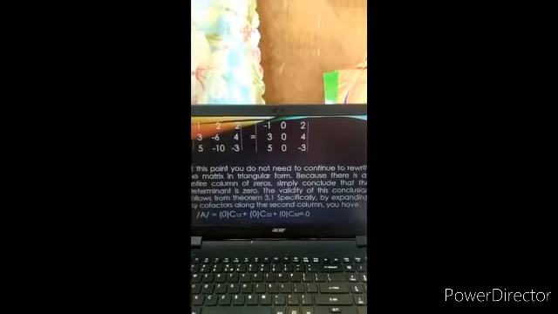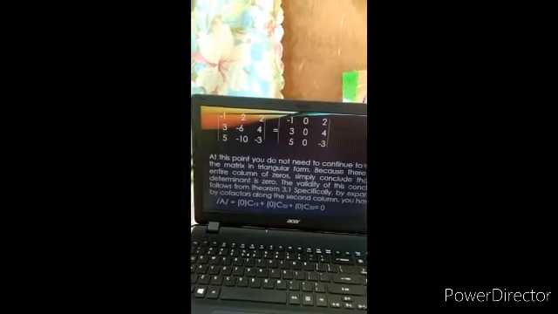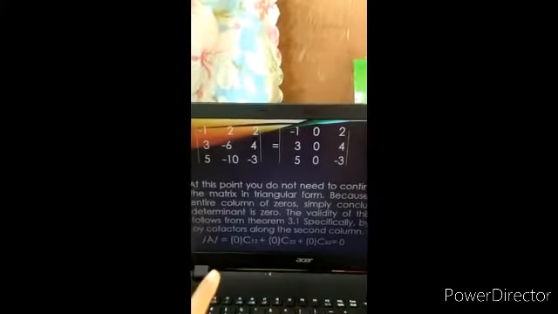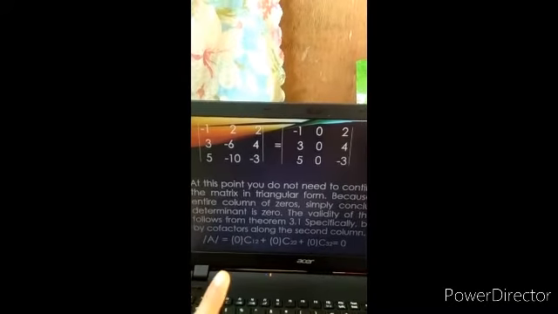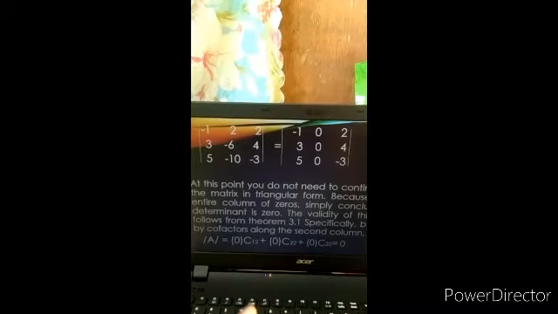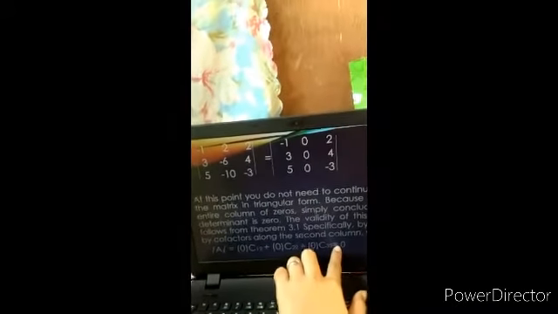The validity of this conclusion follows from Theorem 3.1, specifically by expanding by cofactors along the second column. You have A equals 0 times C12 plus 0 times C22 plus 0 times C32 equals 0.